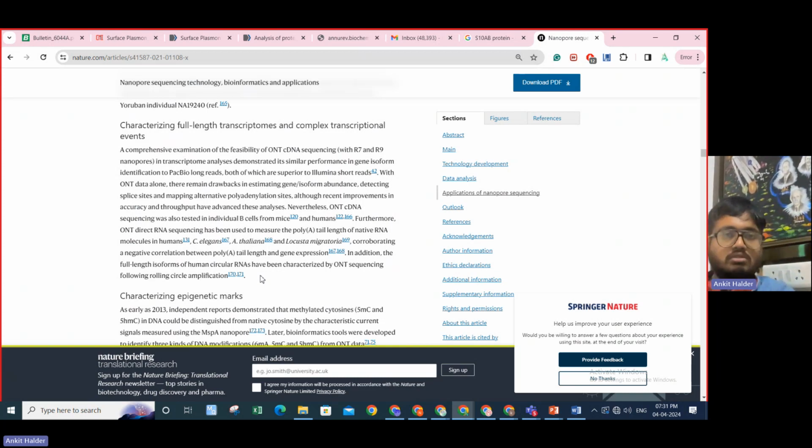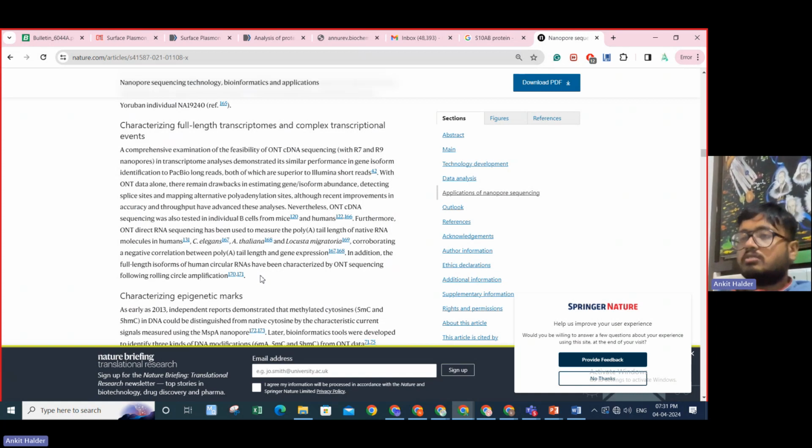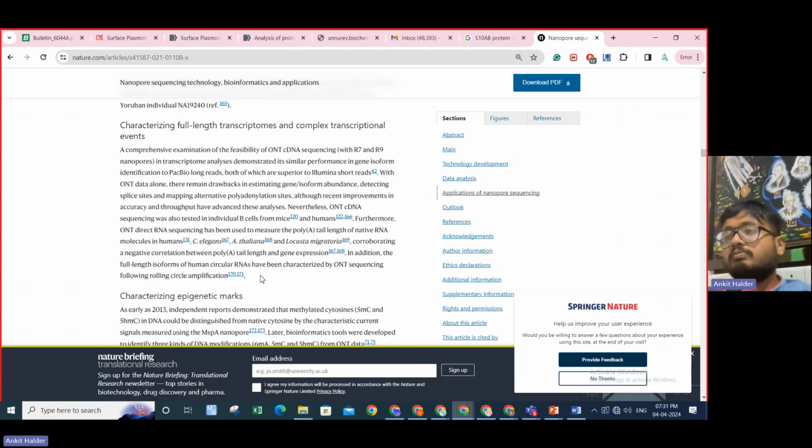While we need to understand that other technologies have been improved and have been in place for quite a long time, are quite robust, and are used for different application methods.